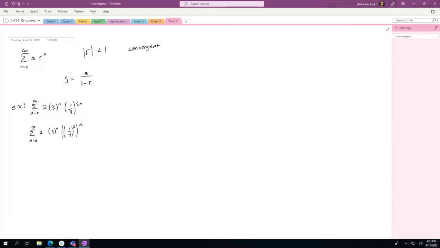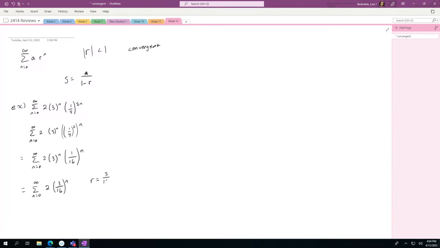There we go. And when we do 1/4 squared, we have 1 over 16, all to the n. And then we can combine everything with an exponent of n. And now we have a nice 2 times 3 over 16 to the n. And we can really clearly see that our radius is what?